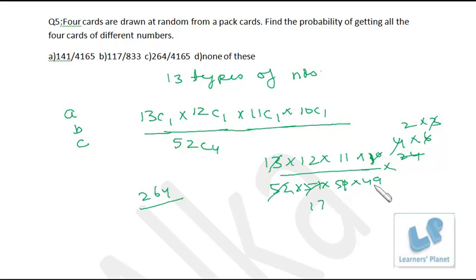We have 264 by 4165. 85 into 49, yeah, 4165. Okay, so that's simple.